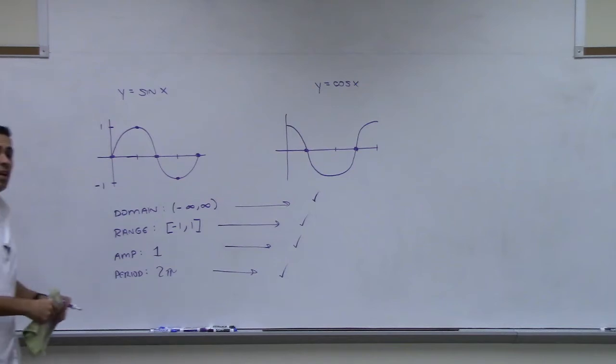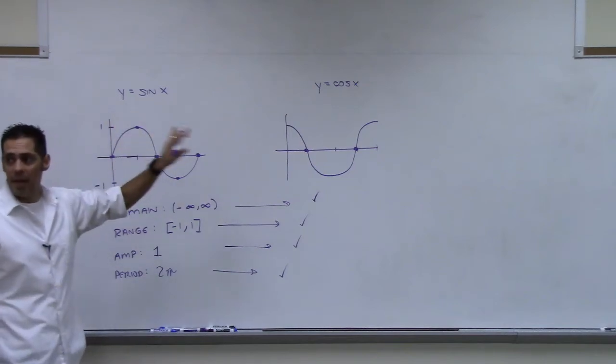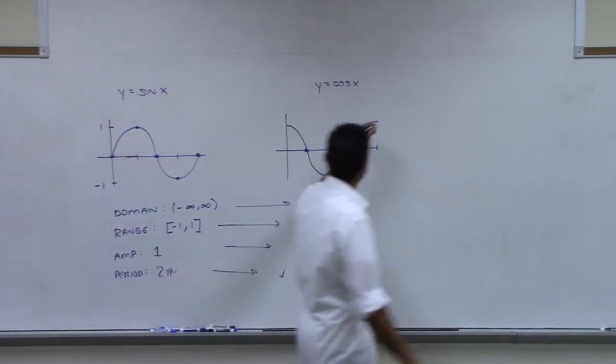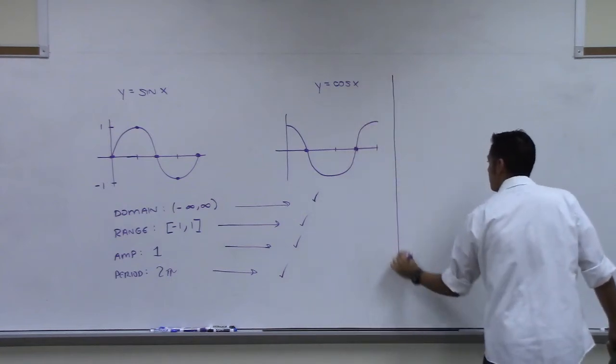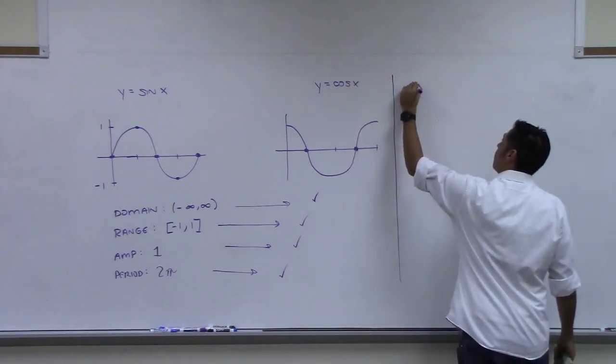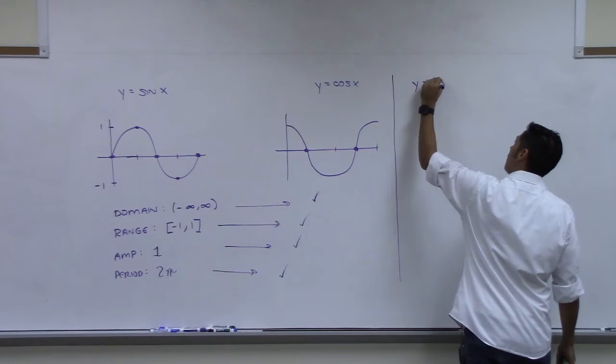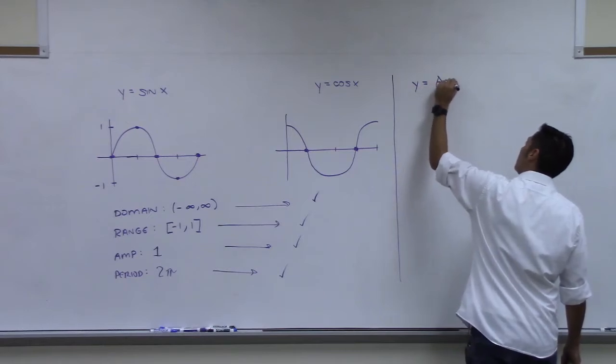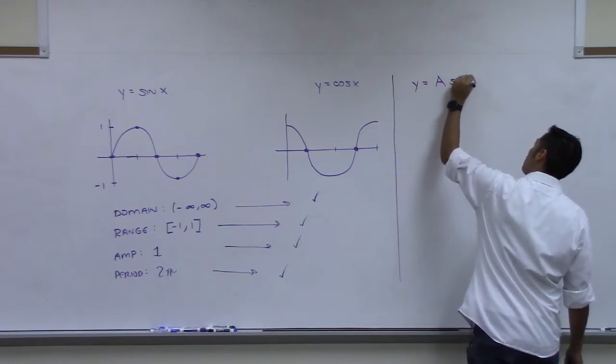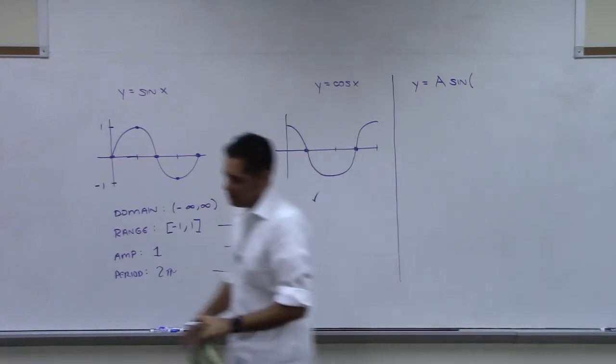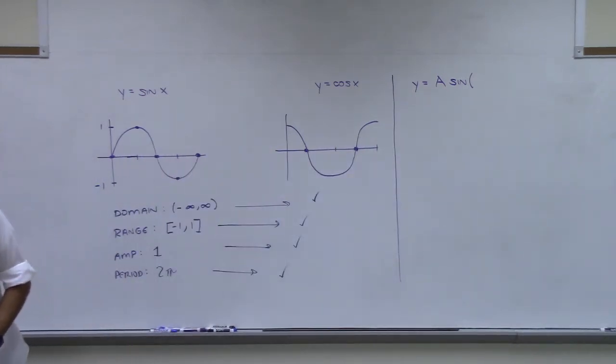Now, what if we change it and we no longer have the basic sine function and we have something different? Like, let's say we take y equals a sine of, and I want to use the same letters they use here in the book.